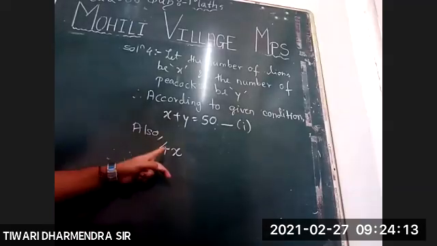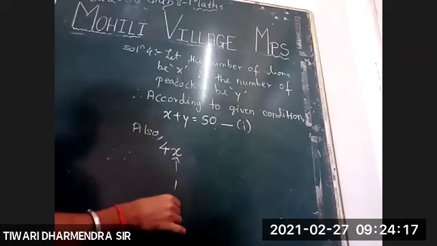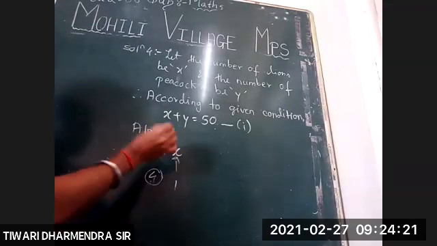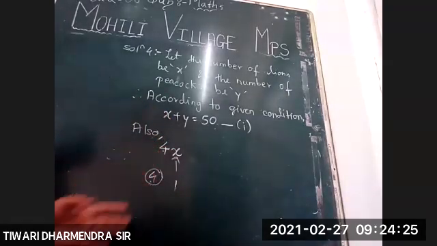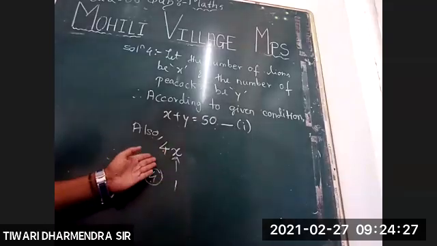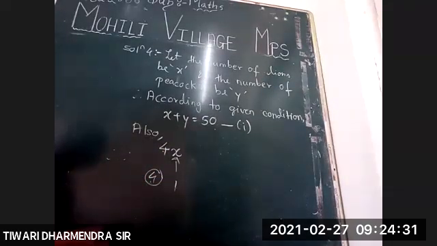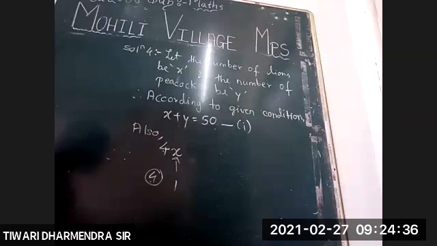If we are talking about one lion, the contribution to the number of legs will be 4, so 4 into 1 is 4. X is the number of lions. If the number of lions is 2, then the contribution of 2 lions will be 8. 4 twos are 8.